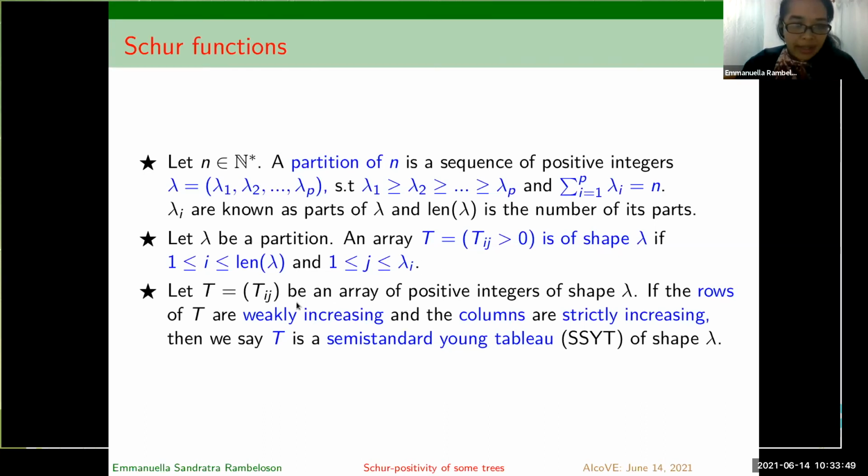Now, if we take an array T of positive integers of shape lambda, and if we suppose that the rows of T are weakly increasing and the columns of T are strictly increasing, then we say that T is a semi-standard Young tableau of shape lambda, or T is an SSYT of shape lambda.